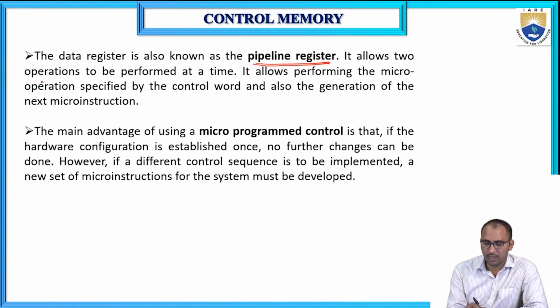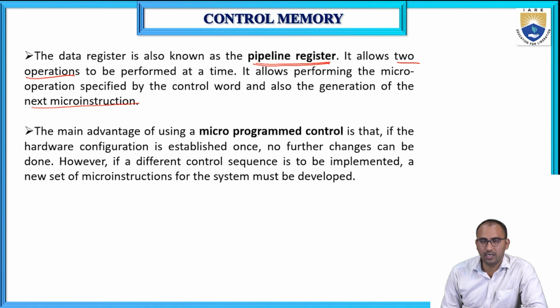It allows the micro operation specified by the control word to be performed, and also the generation of the next micro instruction. That's why the control data register is called the pipeline register, because it performs two operations at a time.